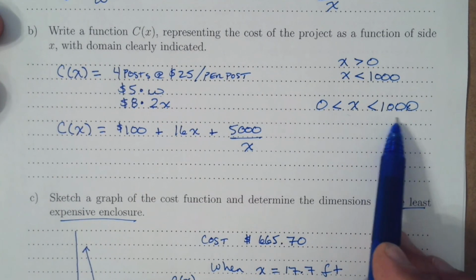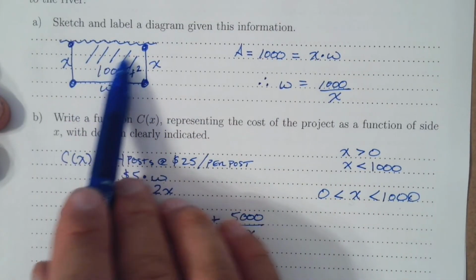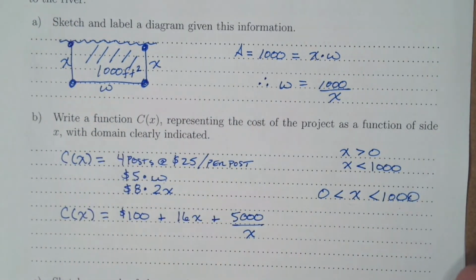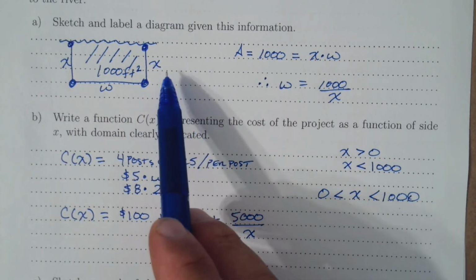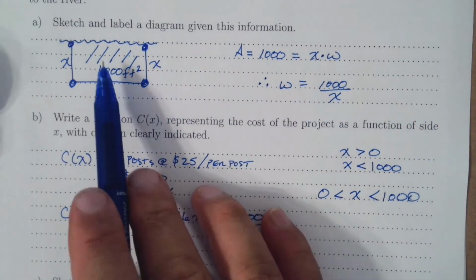And the reason being, if we had this width be 1 foot wide, it wouldn't make much sense, but it still would fit within our constructs. And of course, x needs to be positive. So x needs to be at least more than 1 foot. Okay, so there we go.